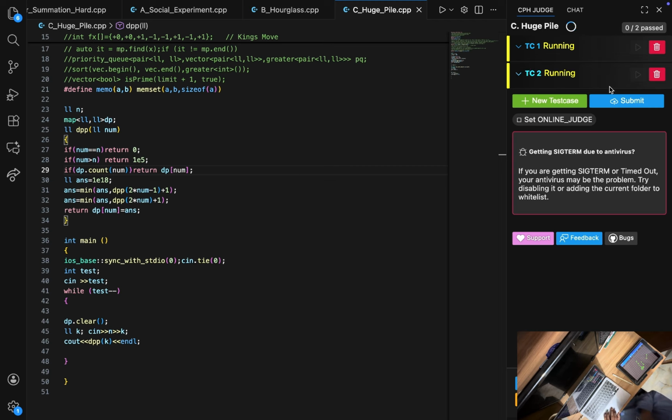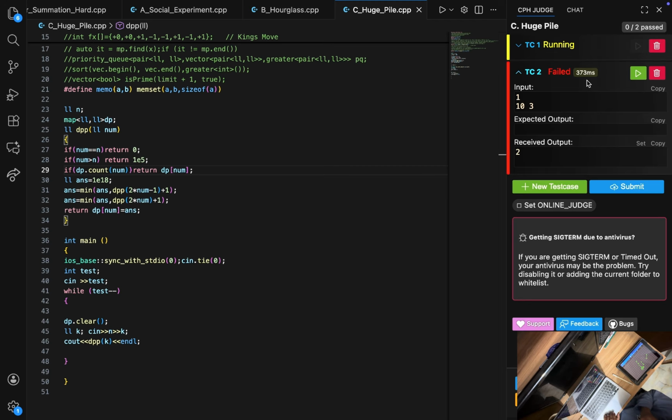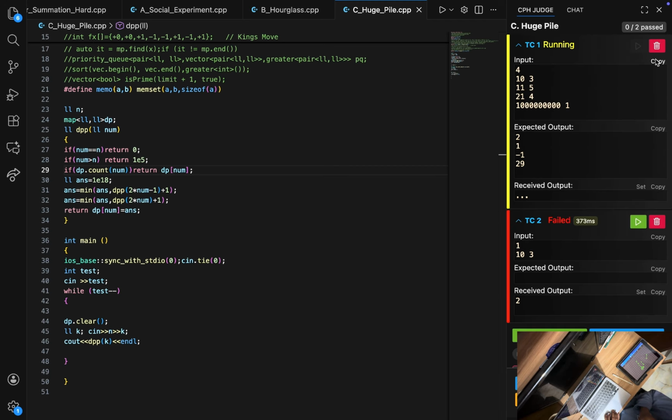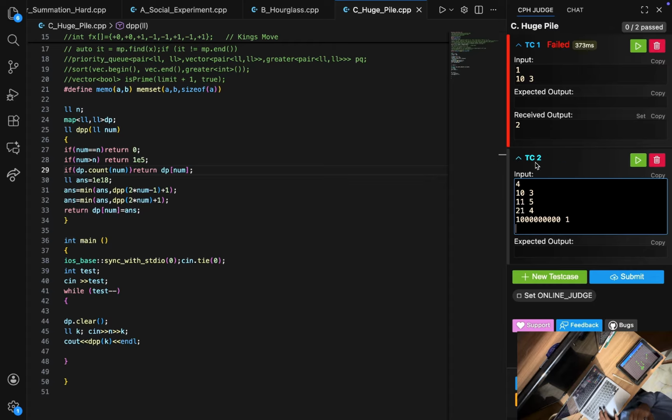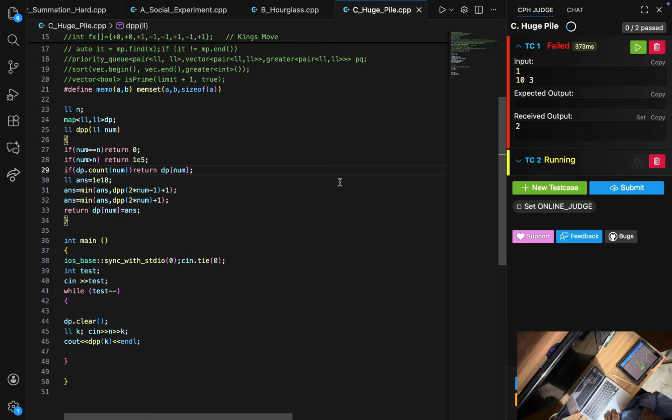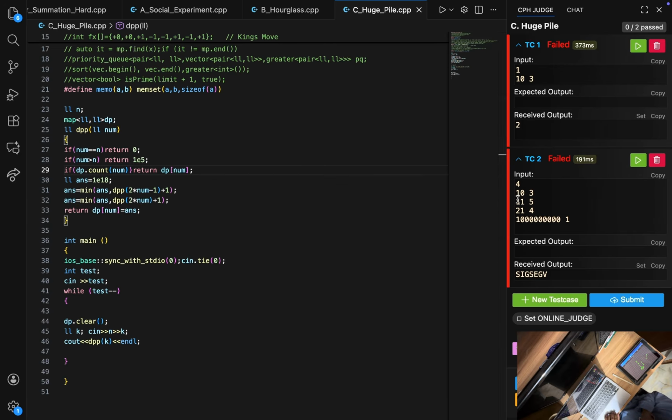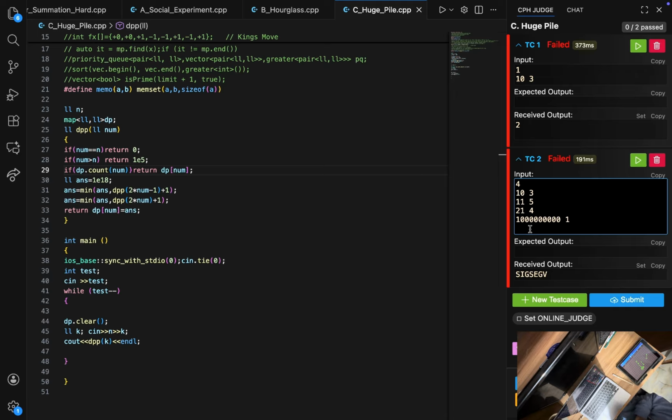Now why is it too slow? That is the main question. Yeah, this value to 1. Is there any better way?